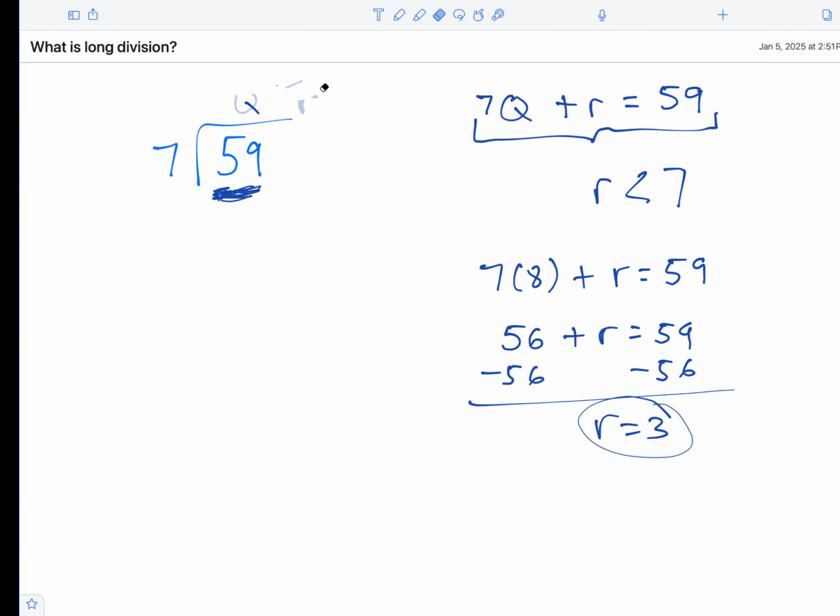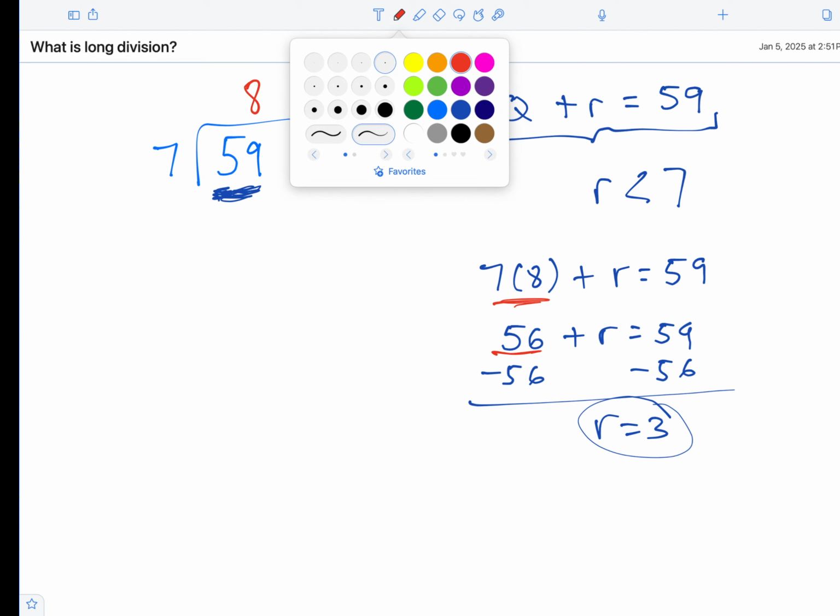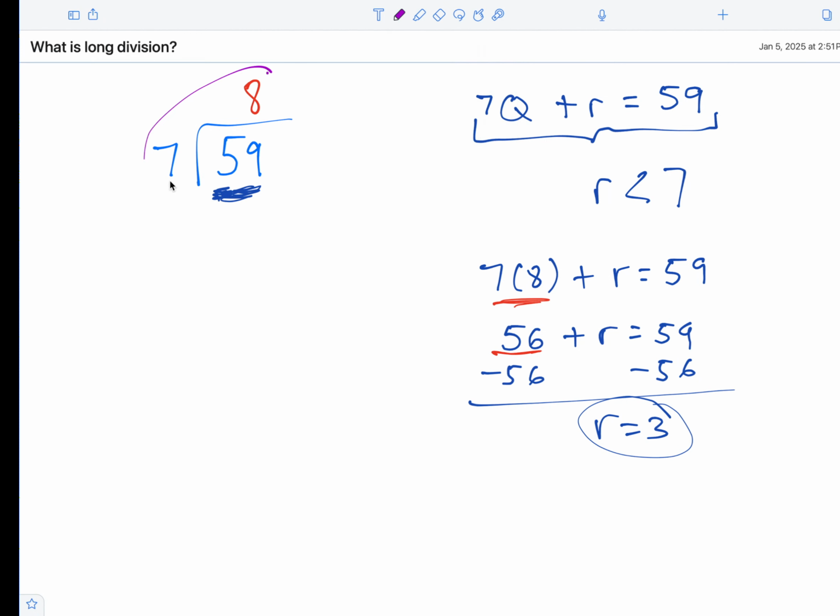So let's go back to this now, and let's think about how we naturally do this. We say 7 goes into 59 8 times, because 8 times 7 is 56. That's this piece here. Then we multiply 7 times 8, and when we multiply that together, we get 56, and we subtract. 59 minus 56 gives me a remainder of 3.